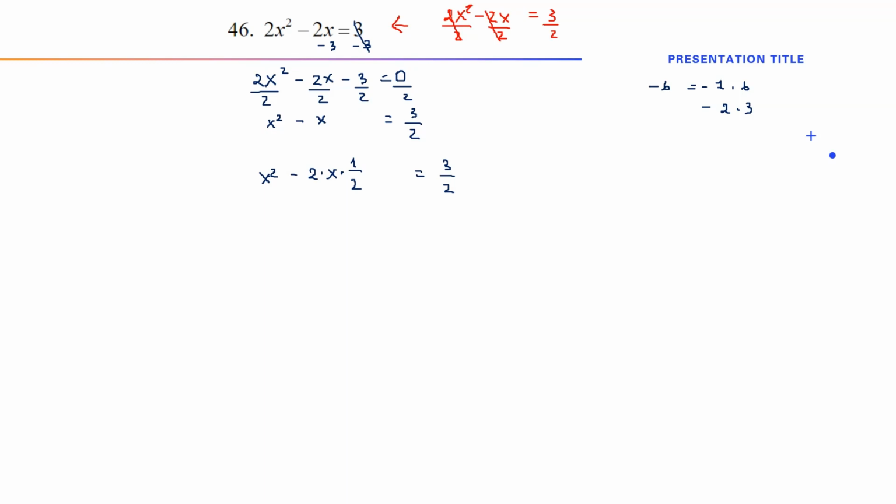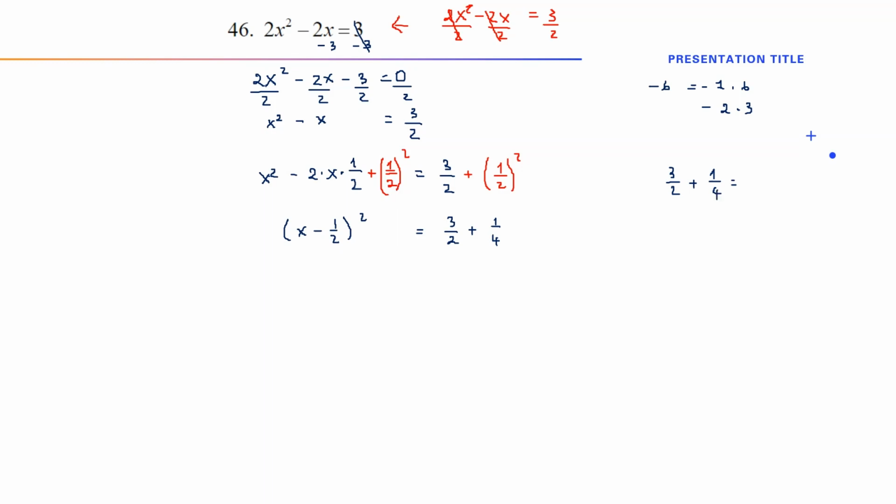Now to complete the square, we add 1 over 2, all squared, to both sides. So now on the left-hand side, we will have x minus 1/2, all squared, equals 3 over 2 plus 1 over 4.